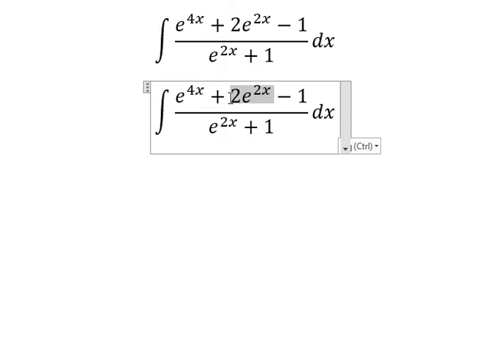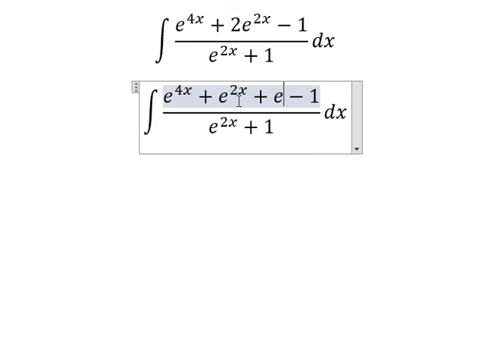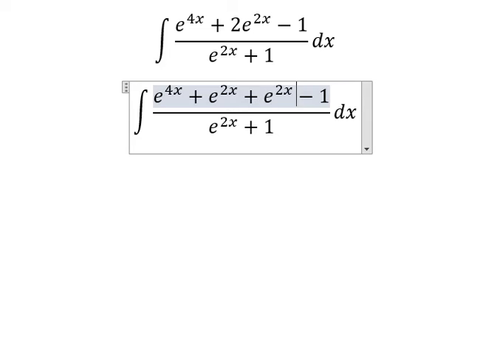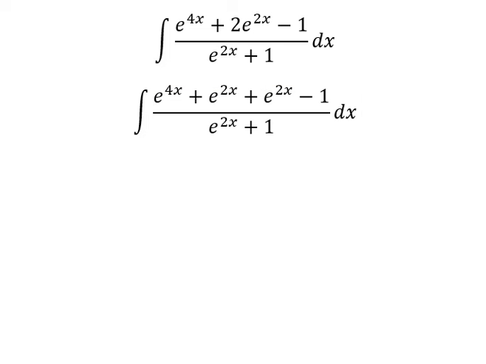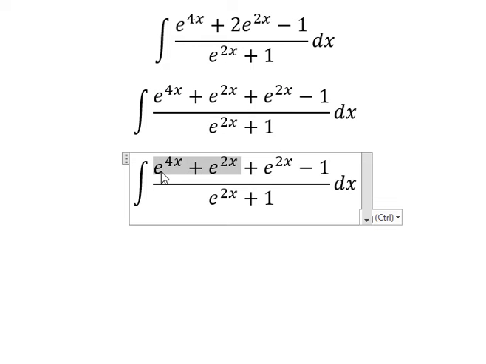This one I can put into e to the power of 2x and e to the power of 2x. Next, we can do factorization by e to the power of 2x.